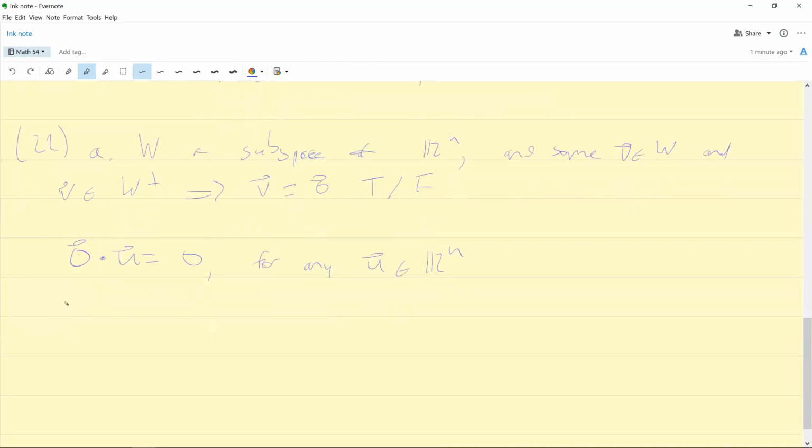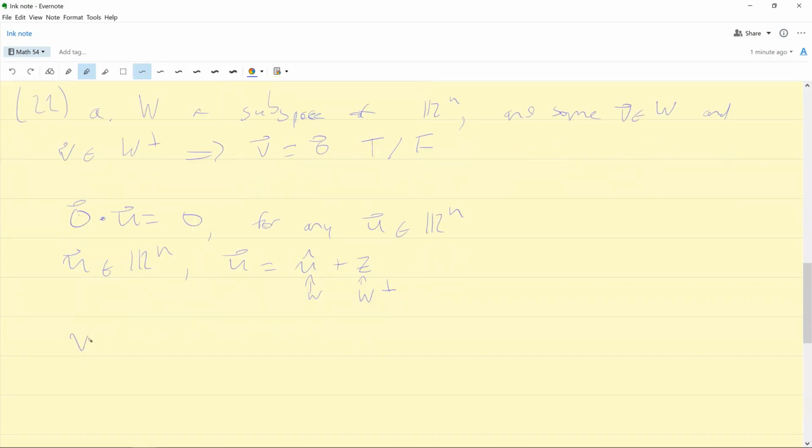So let's see what happens if we take an arbitrary vector. If we take any vector u in Rn, then we can write u as u hat plus z, where u hat is in W and z is in W perp. So what happens when we take v dot u?